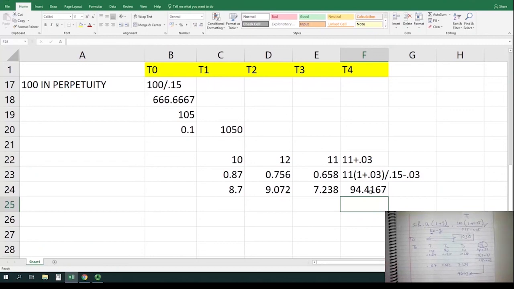Now to bring it from T3 to T0, we're going to have to multiply this with 0.658 to get the value at T0.